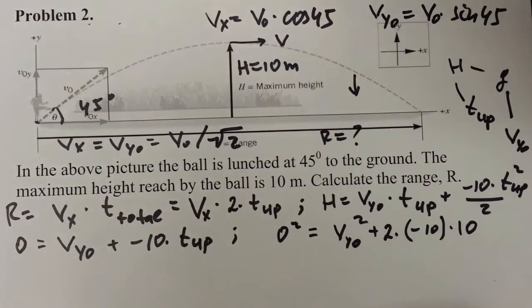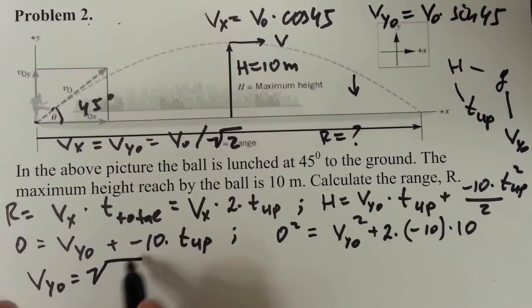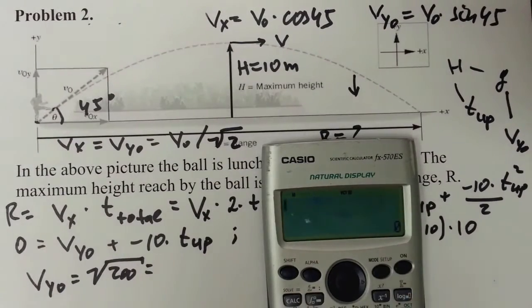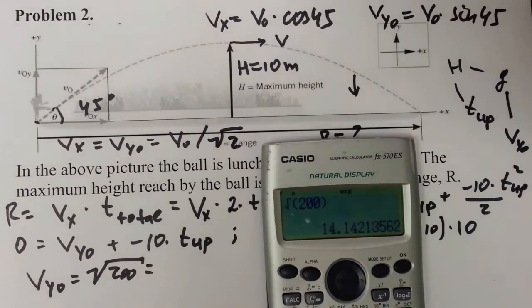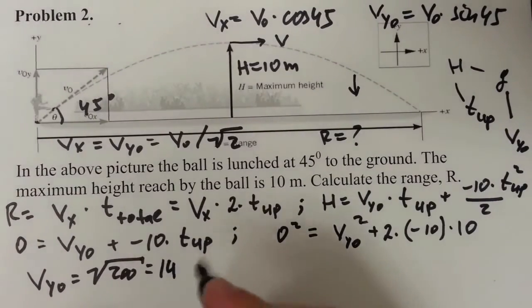So that equation has only one unknown. So that gives us about 14. I'm just going to keep 14.